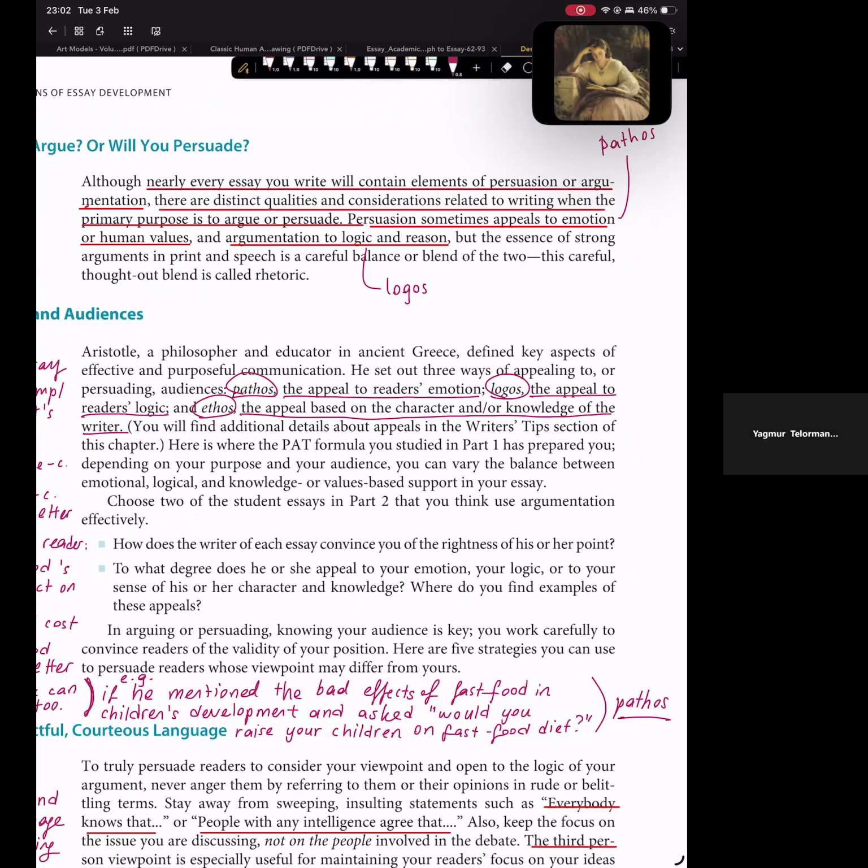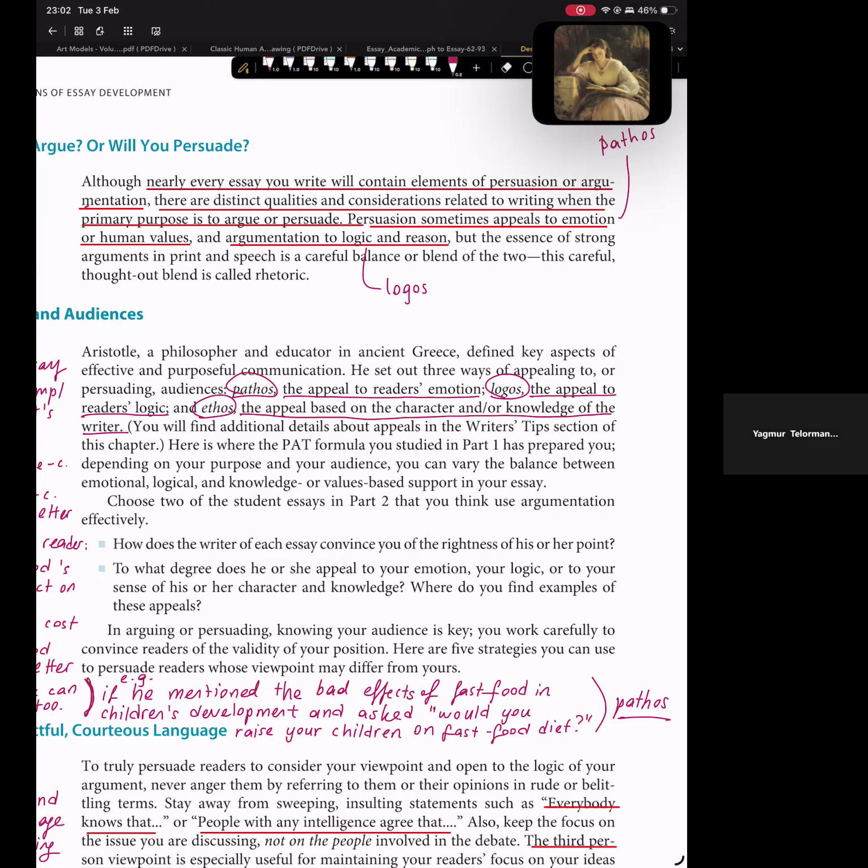So nearly every essay you have written so far in this course contained elements of persuasion or argumentation. I always asked you to clearly state an opinion and a standpoint in your thesis statements.